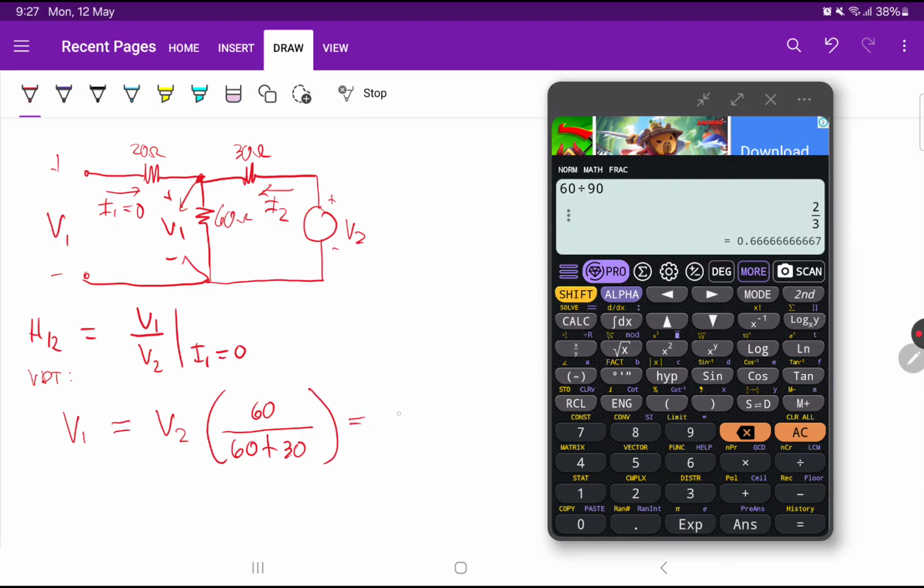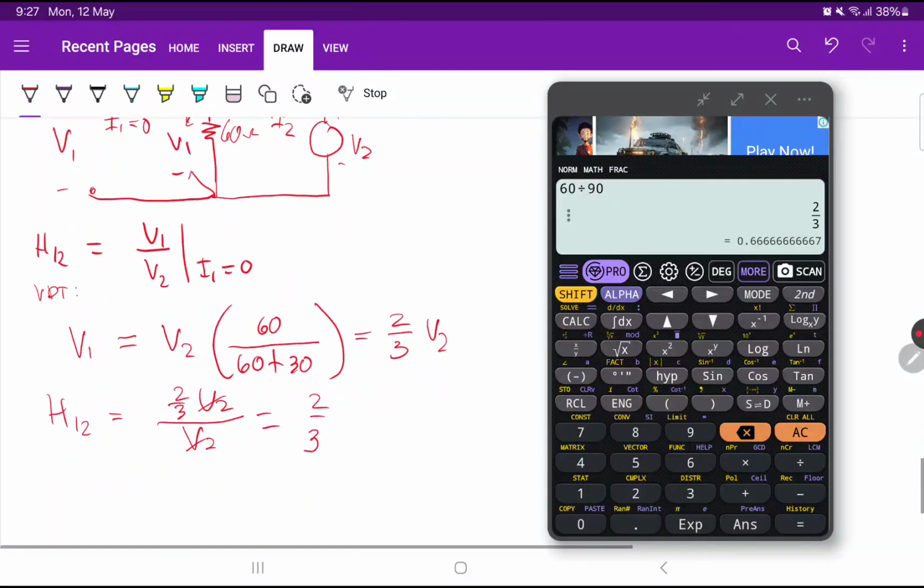And I already solved that. That's 2/3 V2. Then I can now substitute that in our formula. H12 will be equal to V1, which is 2/3 of V2, divided by V2. So we can cancel out V2 and the answer will be 2/3. And there's no unit because H12 has no unit.